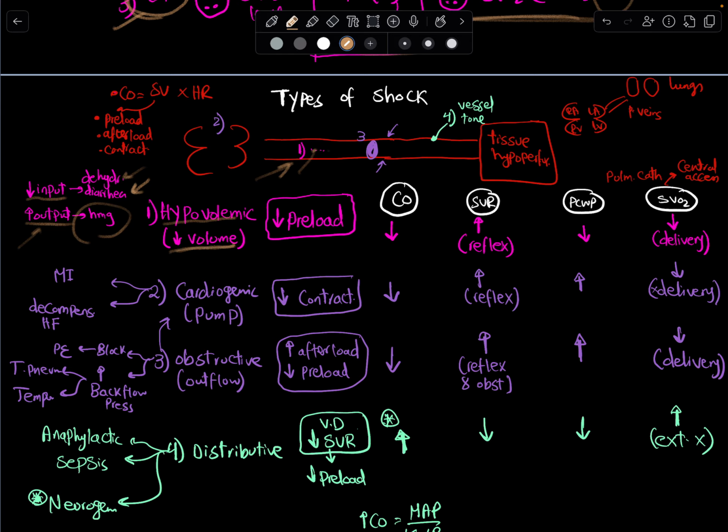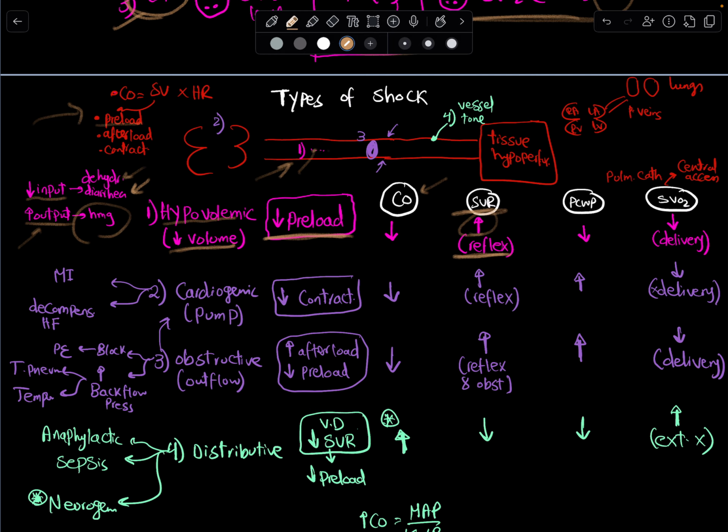When you have a decrease in the cardiac output, the sympathetic system gets activated. The sympathetic system stimulates the alpha 1 receptor, causing vasoconstriction. So as a reflex, you will have an increase in the systemic vascular resistance to try to compensate for that, right?